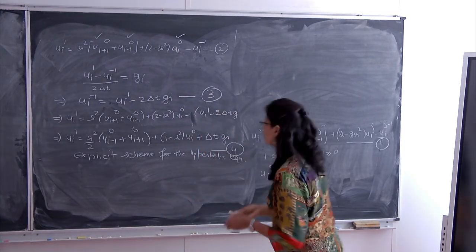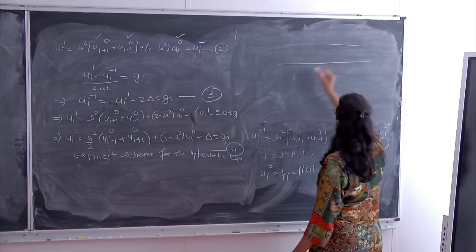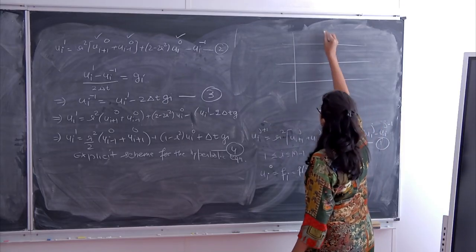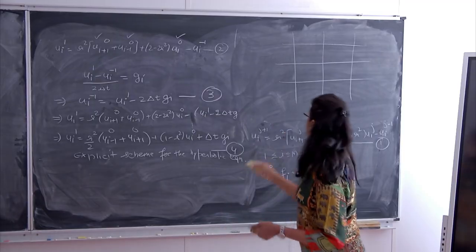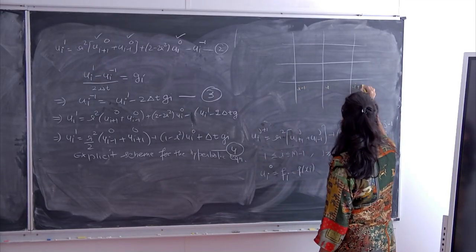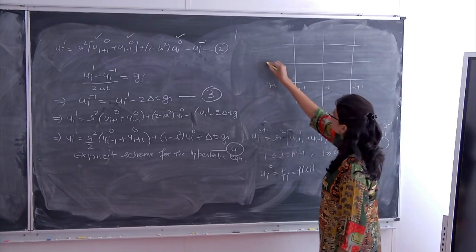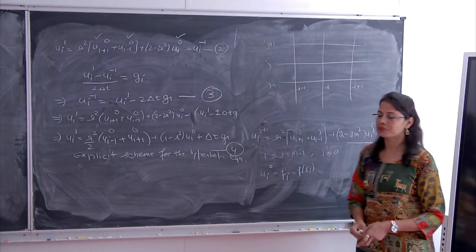So, how will that look? Here we have i minus 1, i plus 1, and this is the j minus 1, jth time level and j plus 1th time level.